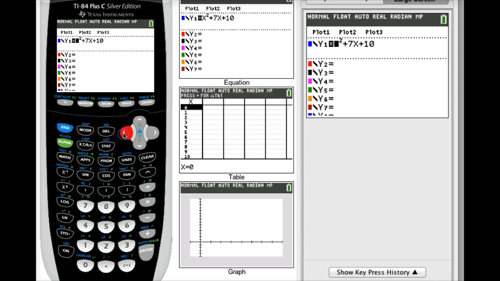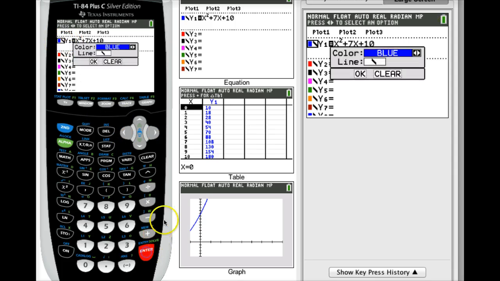Remember, if you're running the app, you can change it when you're over top of the equal sign. So if you have the app on your calculator, when you're over the equal sign, you can press alpha and then whichever button corresponds to the symbol that you want. If you don't have that app, then you need to move to the left of Y1 and press enter.